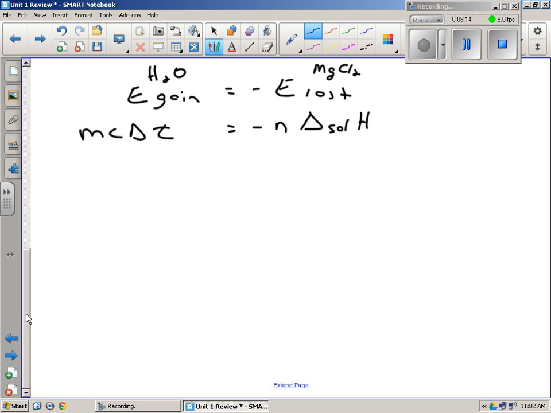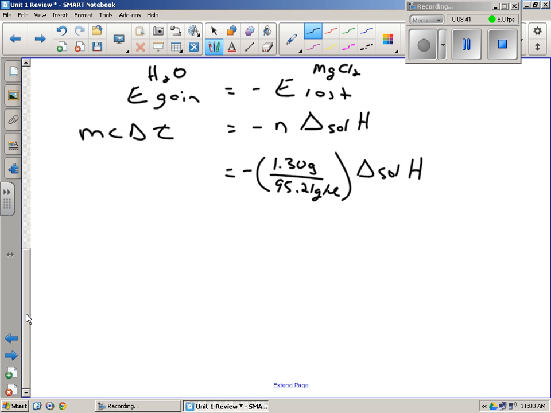So on that side, we're going to do delta solution H, and we need to figure out how many moles we have. We have 1.30 grams of magnesium chloride. Molar mass is 95.21 grams per mole. And I'll calculate delta solution H. On this side, we have 75 milliliters of water.